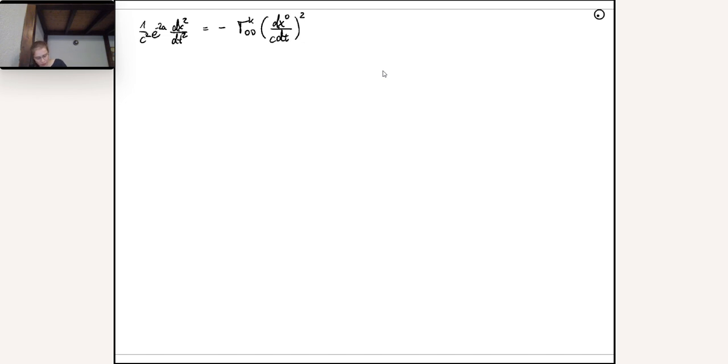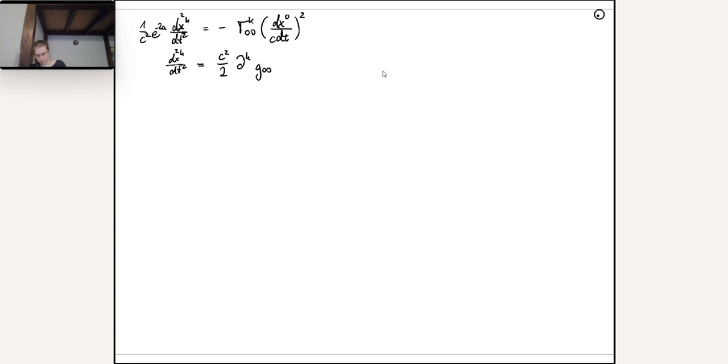From this, and relating this Christoffel symbol to the metric, we find that our coordinate acceleration in the k component of that, so like this, is given by c squared over 2 del k g00.